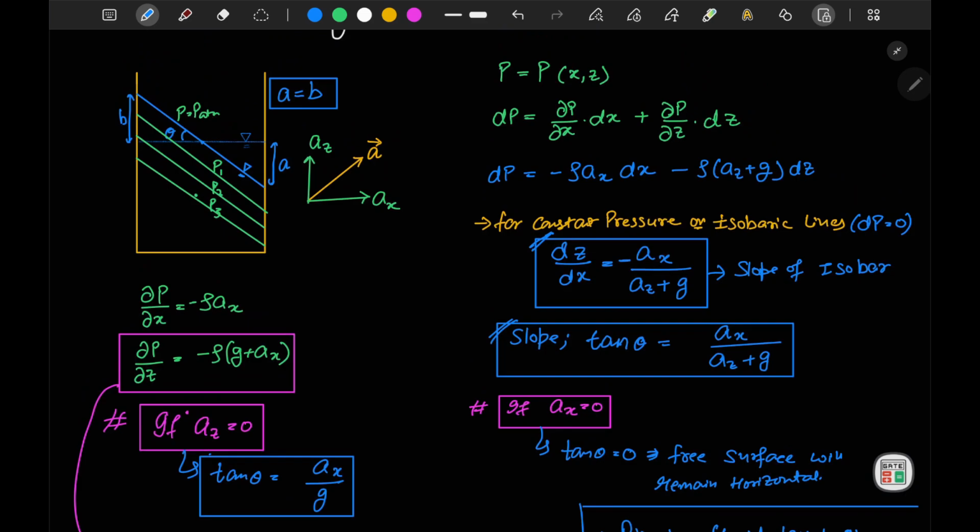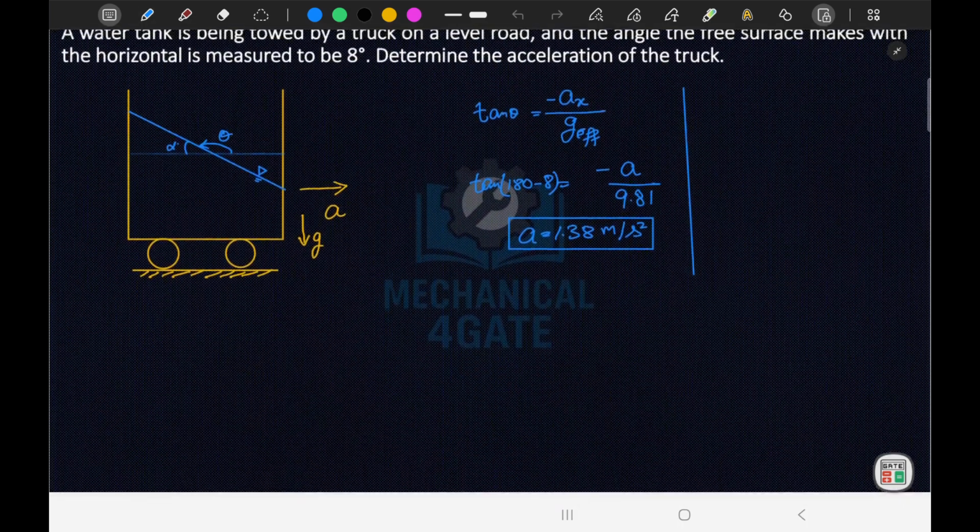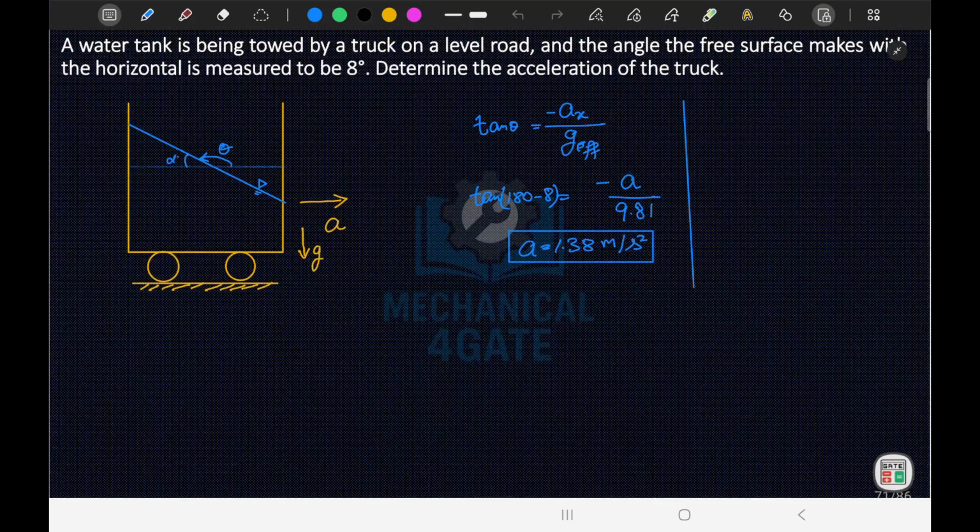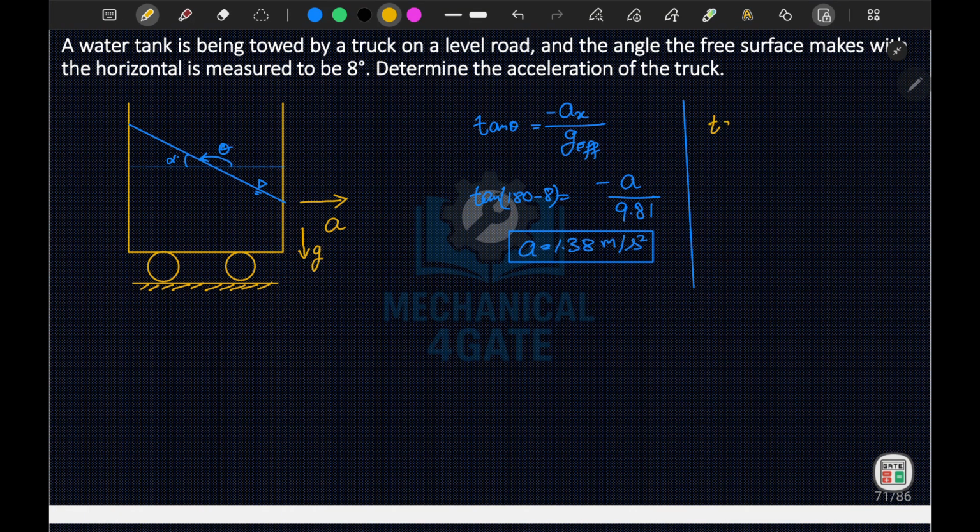Now back to your question. Here I can write tan alpha is equal to ax upon g effective.